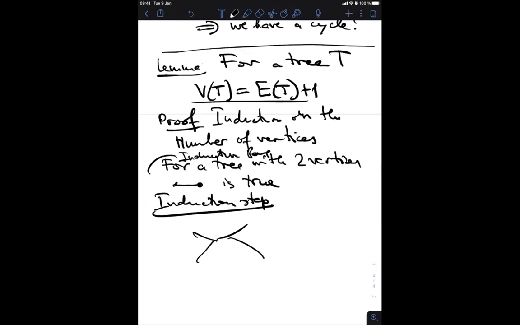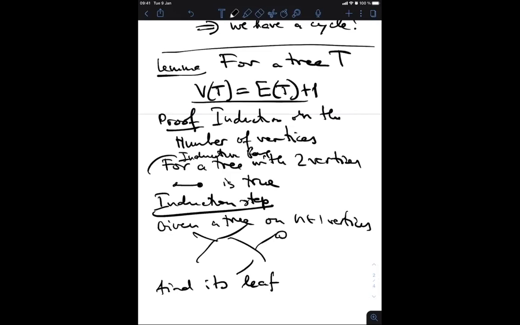so given some tree, given a tree on n+1 vertices, find its hanging vertex, its leaf.